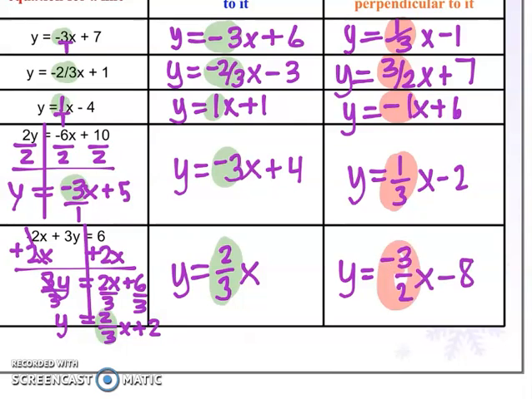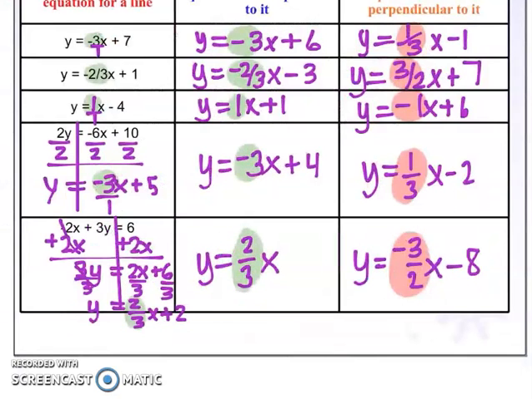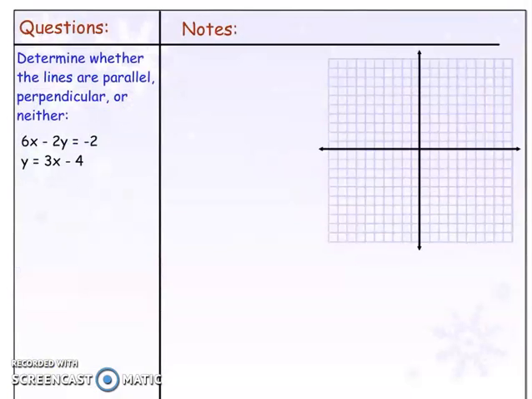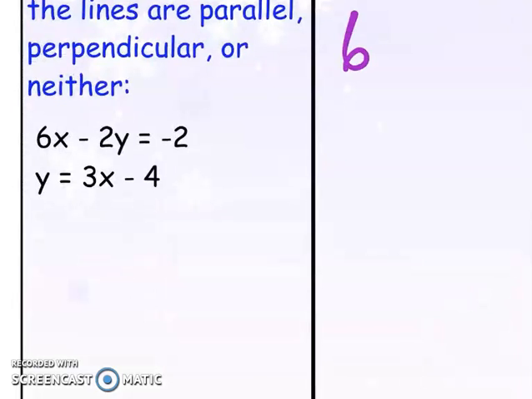Okay. Now, let's compare some lines that are given. So this was writing our own equation parallel or our own equation perpendicular. Now we're given 2 lines and we just have to figure out what kind of lines they are. So let's take it one equation at a time.